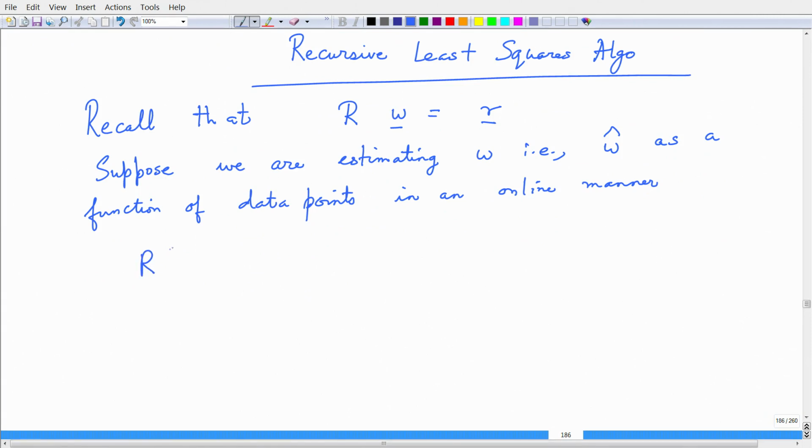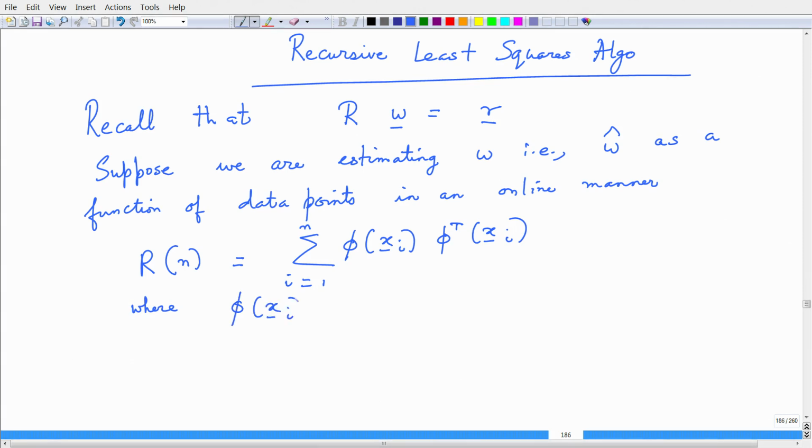R as a function of the time index small n is summation i equals 1 to small n phi of xi times phi transpose of xi, where phi of xi equals phi of xi comma mu 1, that is my first coordinate, dot dot dot phi of xi comma mu k, transposed.